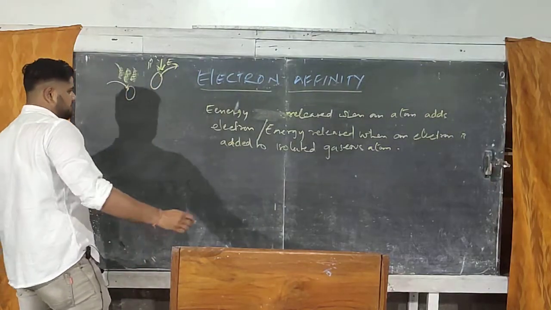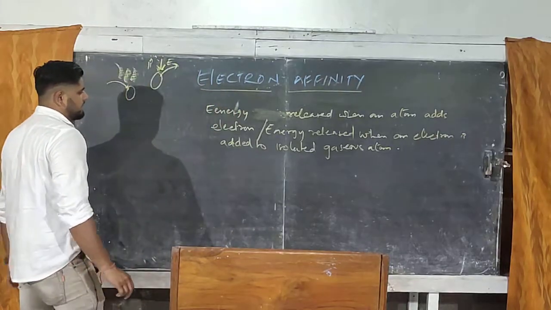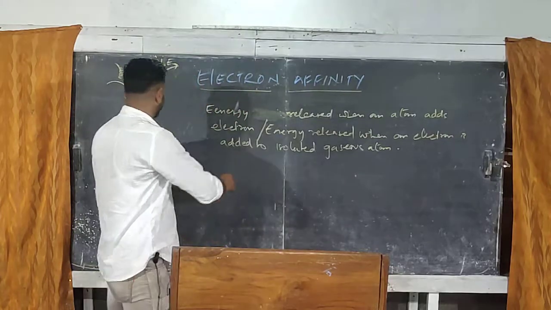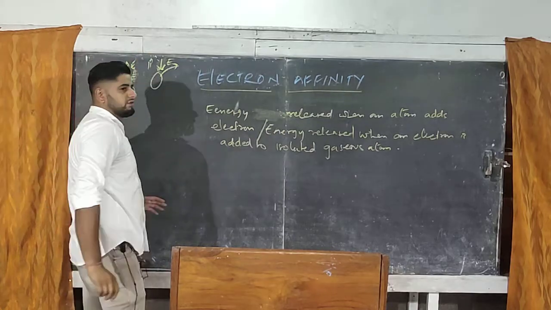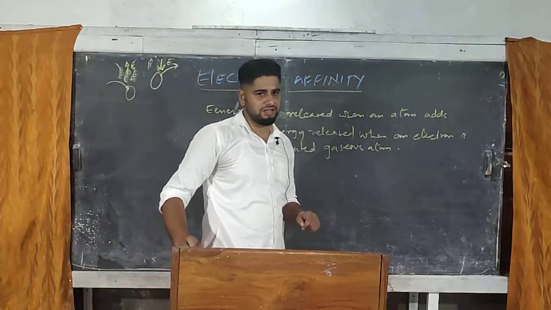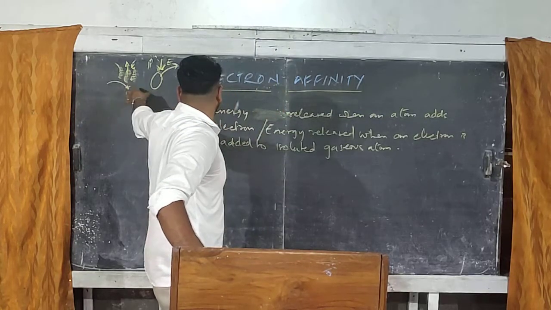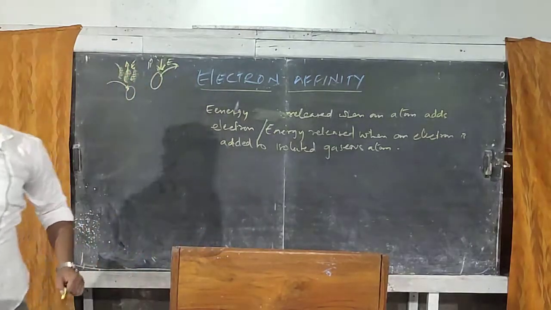The energy released when an atom adds an electron, or energy released when an electron is added to an isolated gaseous atom. Got it or not? This is energy released. So energy release is always negative. Okay, so this is negative energy released. Got it or not?